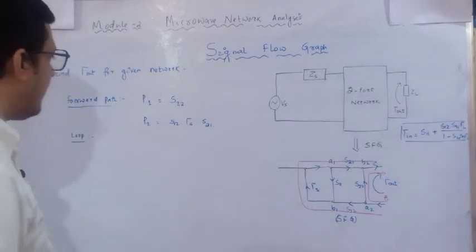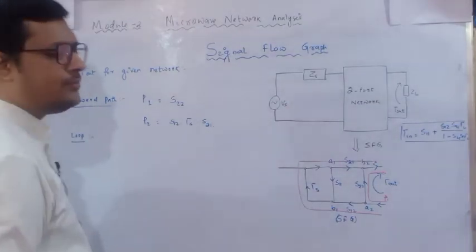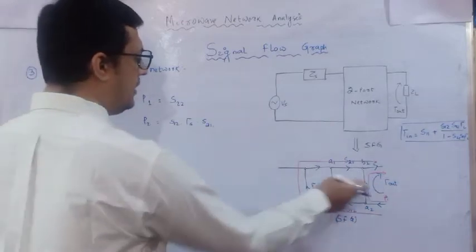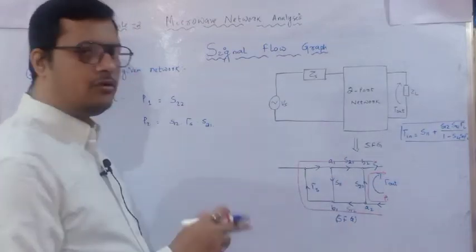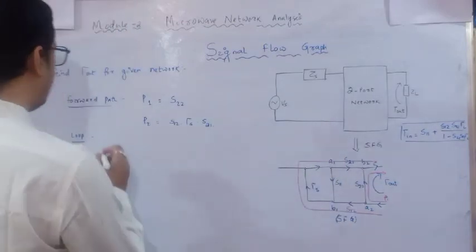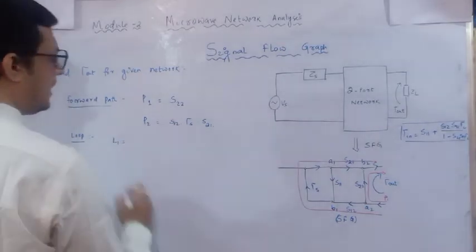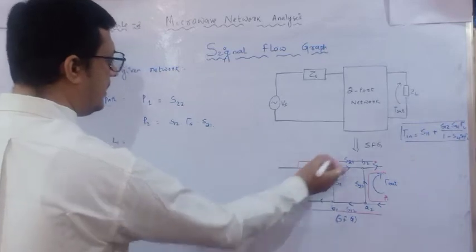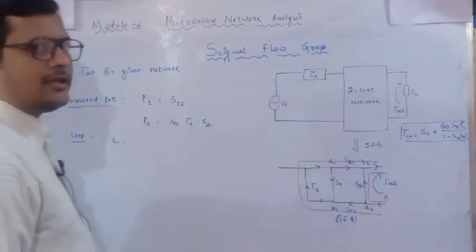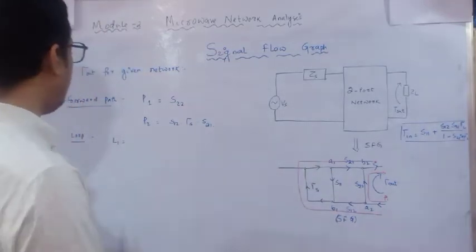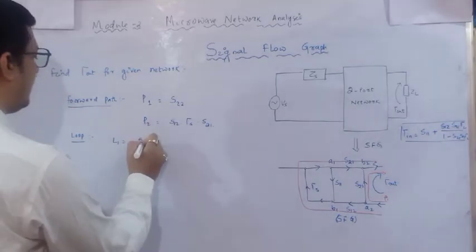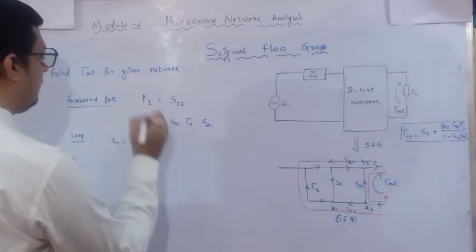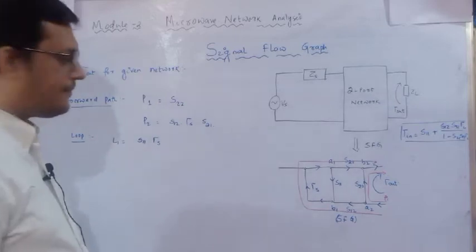Now we have to see how many loops there are. For path 1, this is one loop. There is only one loop in this network. So what is that loop? L1 is equal to, if you see this, S11 into the reflection coefficient at the source. That is called your loop 1.